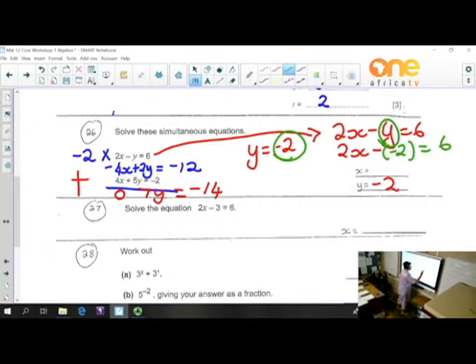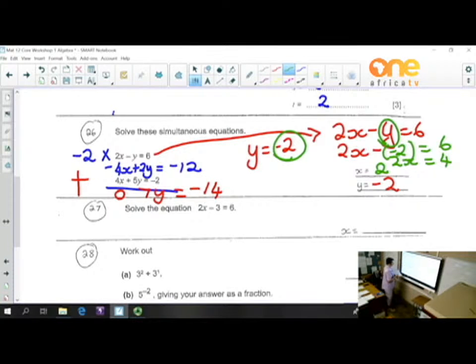So a negative times a negative is a positive, but because you take it over, you're going to change the sign. So it is then 6 minus 2, which is 4, and that makes x then equal to, no, let's just look again, negative negative 2. So this is positive 2, yes, 2x is 4, so x is equal to 2. x is equal to 2.